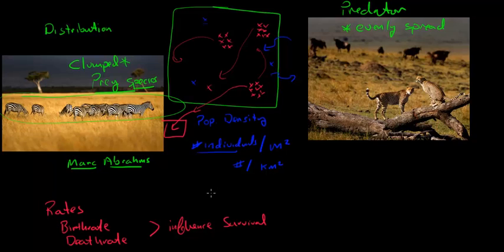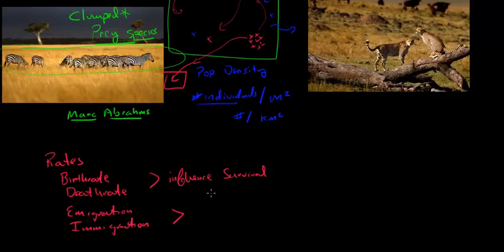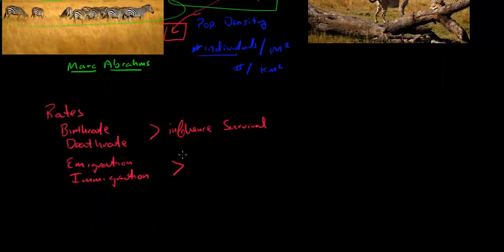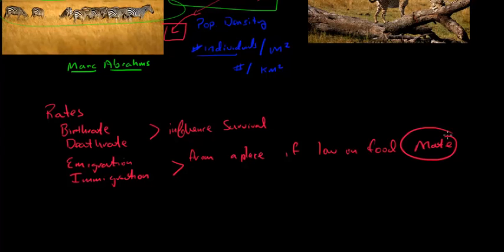And why might they be doing that? So let's think about why they might be doing that. Well, they are going to emigrate from a place if they are low on food and they're running out of food in that location, or they are not finding a mate.